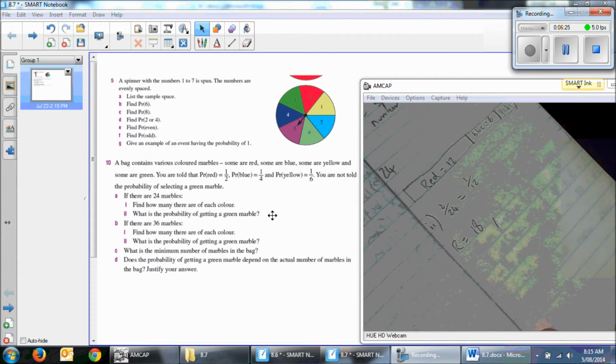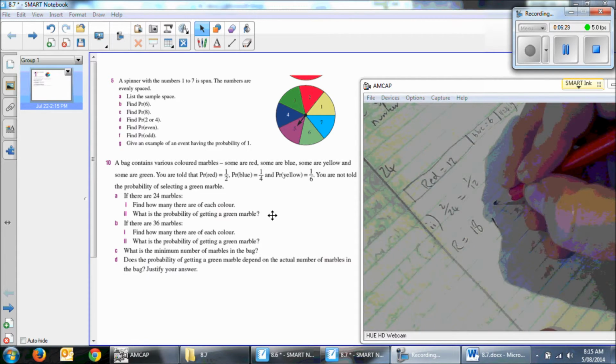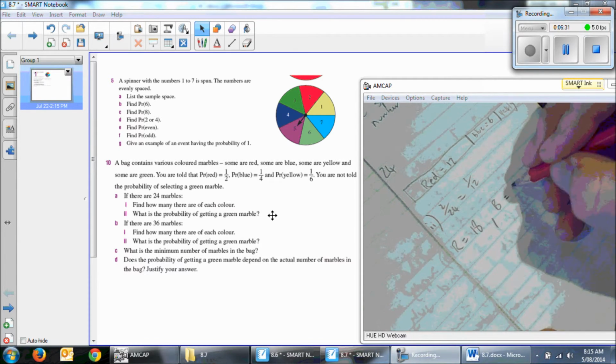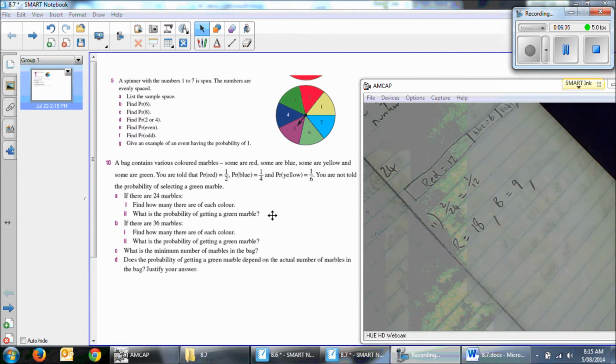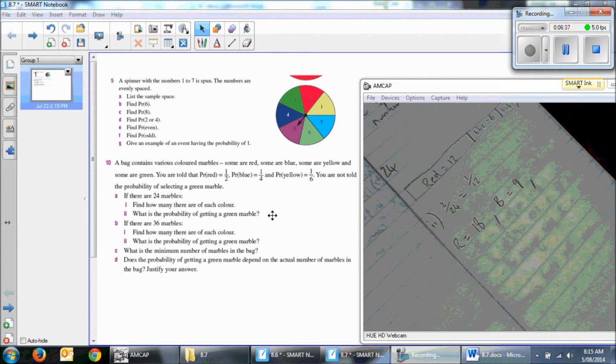So a quarter of 12 is 3. 3, 6, 9, 12. So blue will equal 9. Sorry, I've already done that. What was blue? Blue was a quarter. Red was a half. Okay, good.